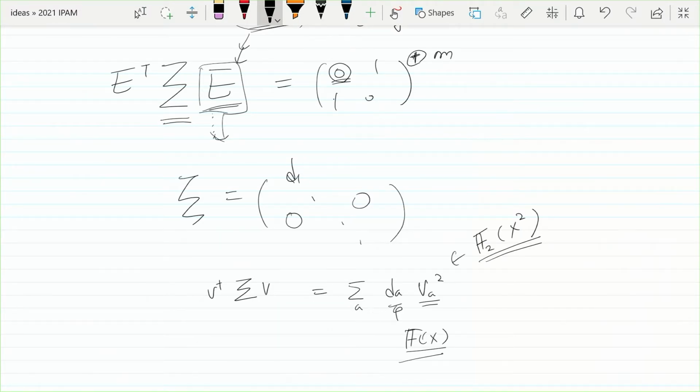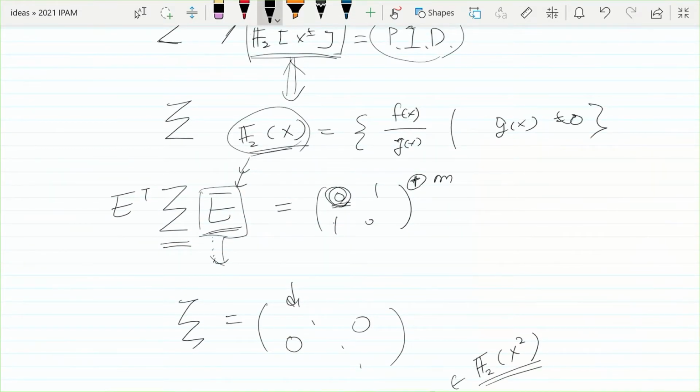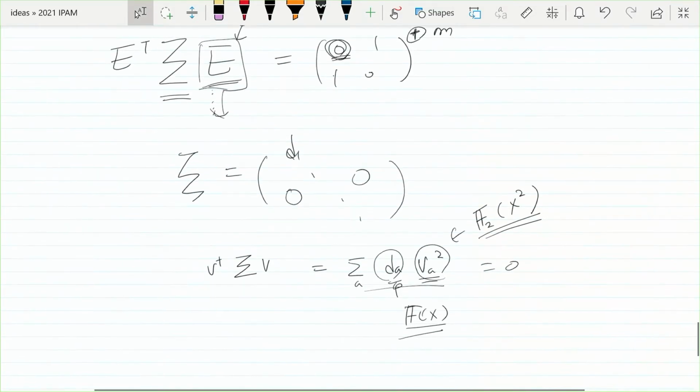So if your summation has three or more terms, then there is a linear combination of the dAs such that the result is 0, while the VAs are not 0. So we are finding 0 on the upper left corner, and using induction, it becomes trivialized. So two-dimensional Clifford-type QCA is going to be trivial.